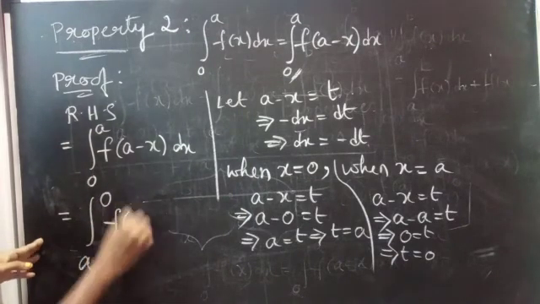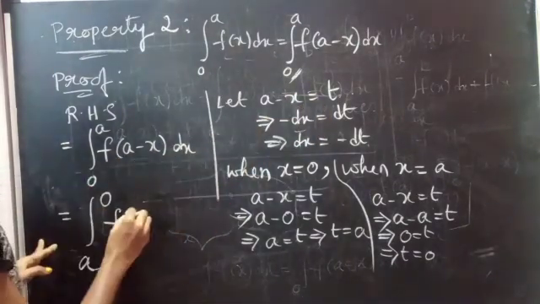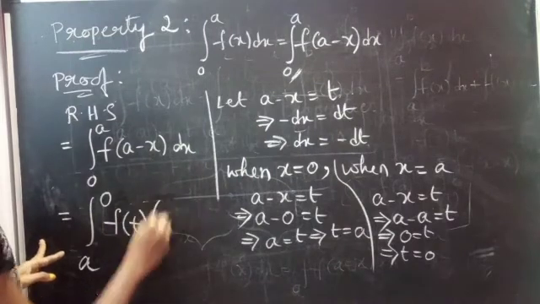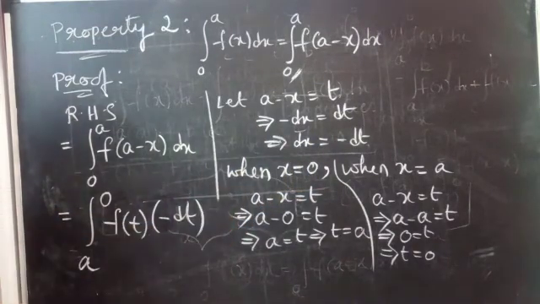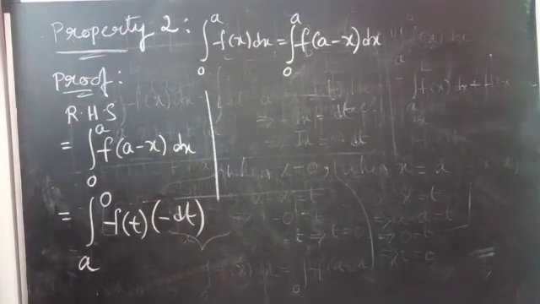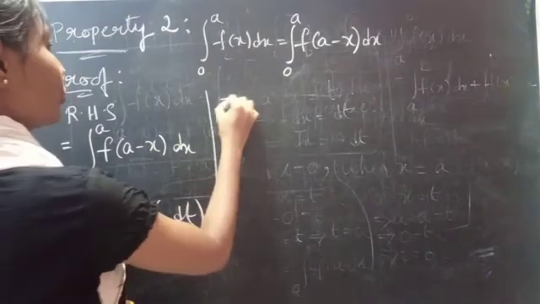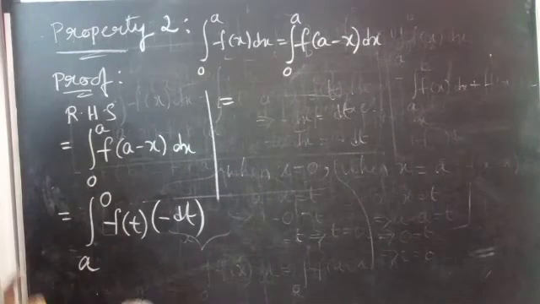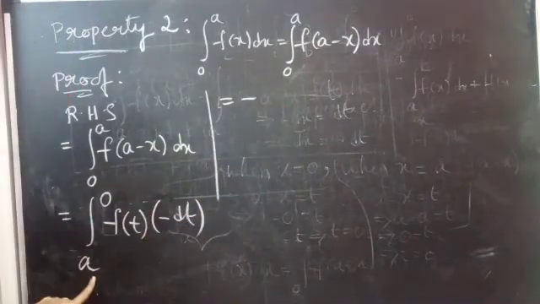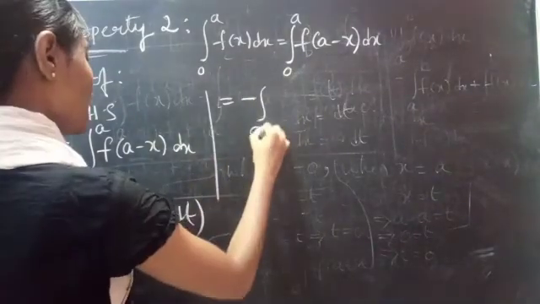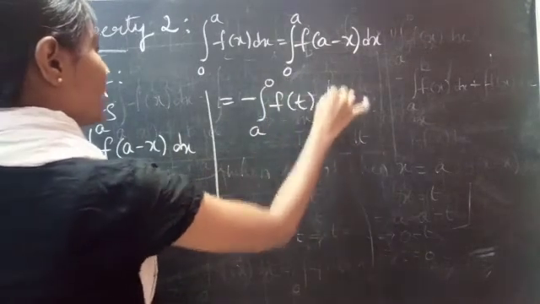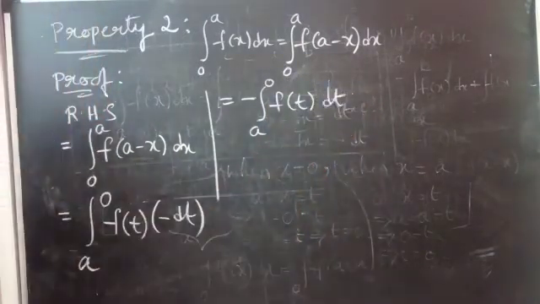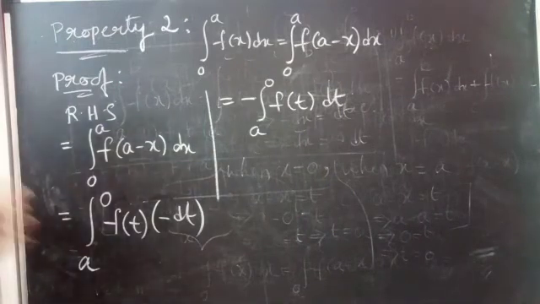So f of (a minus x) is f of t and dx is minus dt, which is equal to, taking this minus out, minus integral a to 0 f of t dt.